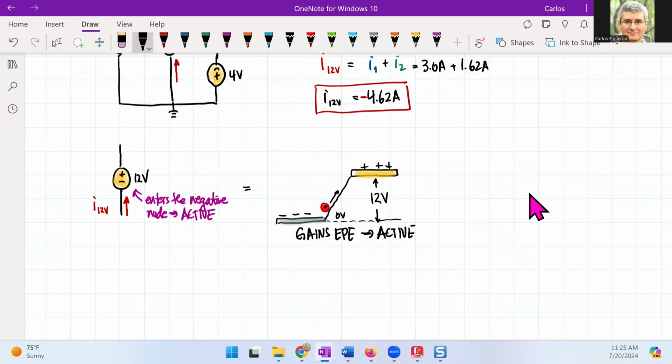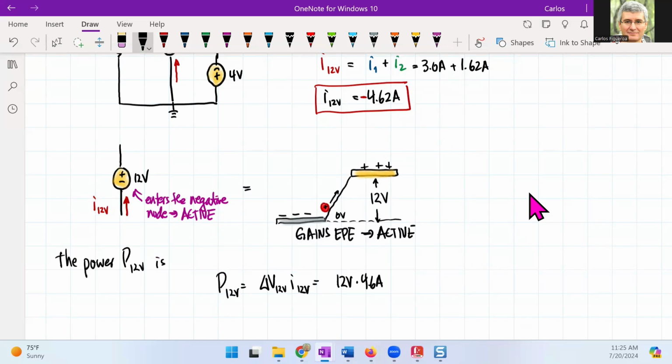So then the power of the 12 volt source is then going to be given by its voltage times its current. And we know that its voltage is 12 volts times the current, which is 4.6 amps.